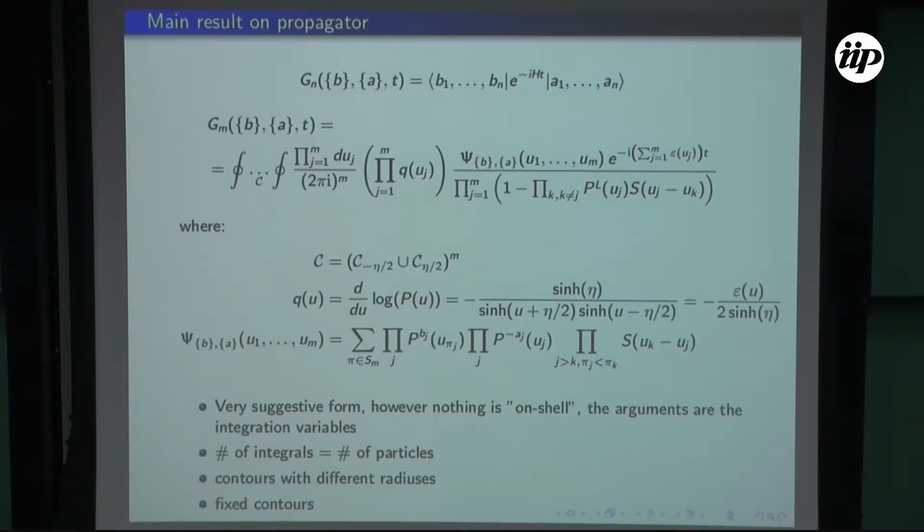Why it's very suggestive is that you can think about it as taking all the possible permutations and then you just connect the initial and final coordinates with a straight line, and that is how much the particles travel. I mean, this is just a pictorial description. It's non-physical, but yeah.